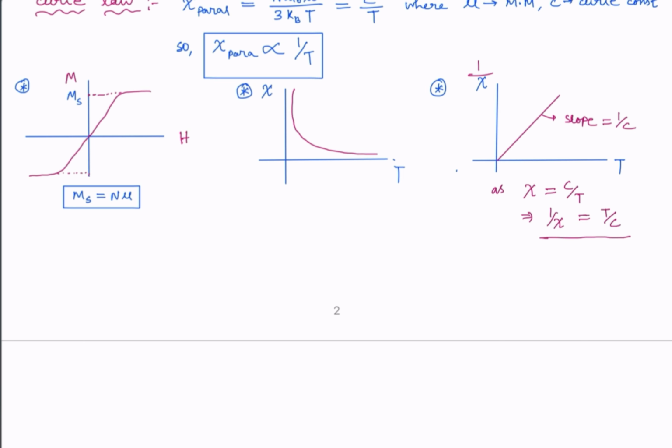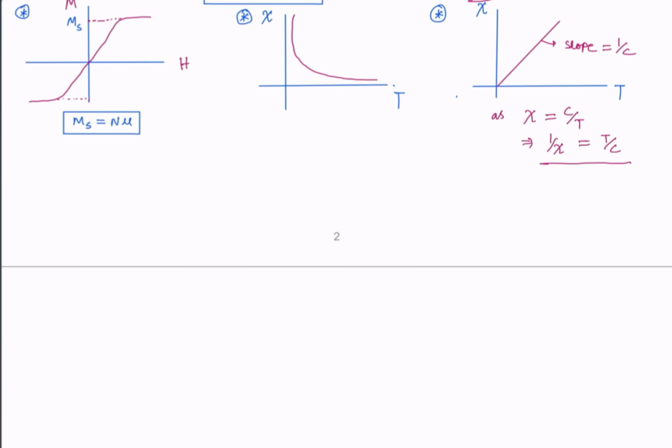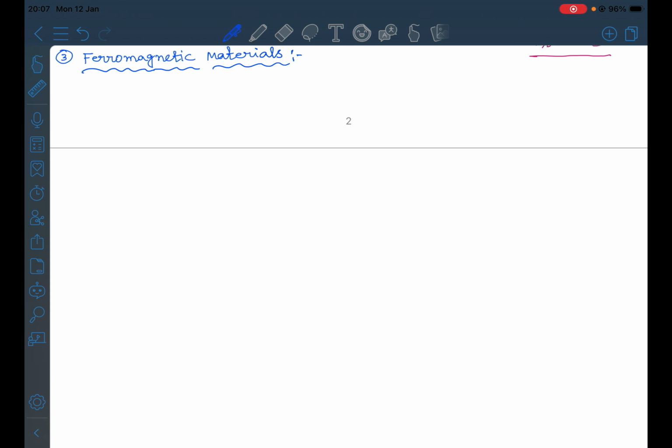So next we will discuss ferromagnetic material. Ferromagnetic material shows spontaneous magnetization. It means ferromagnetic material shows magnetization in the absence of an external magnetic field also, unlike paramagnetic material.